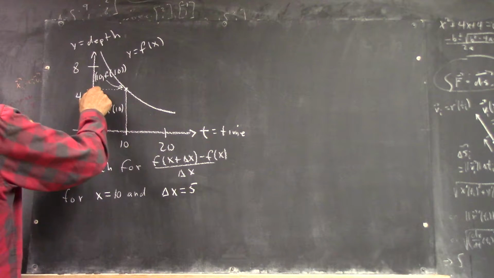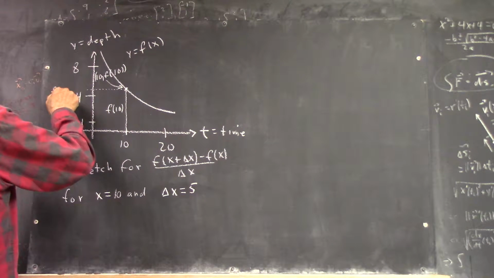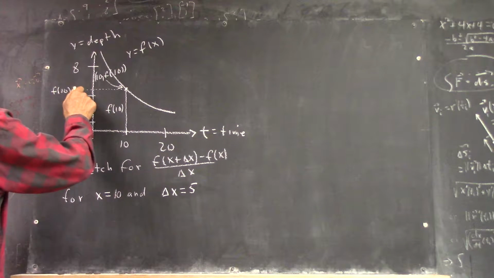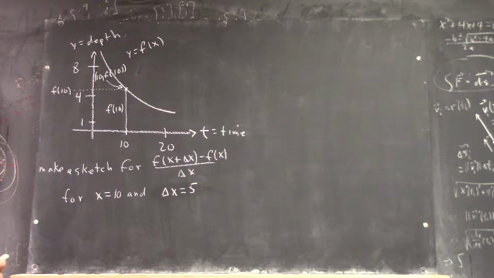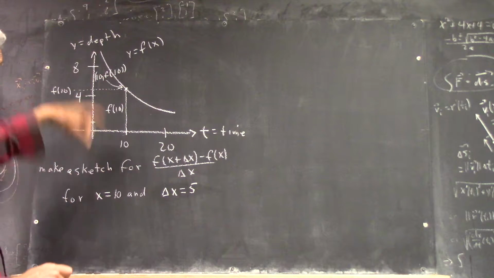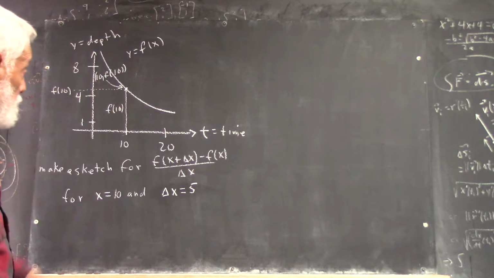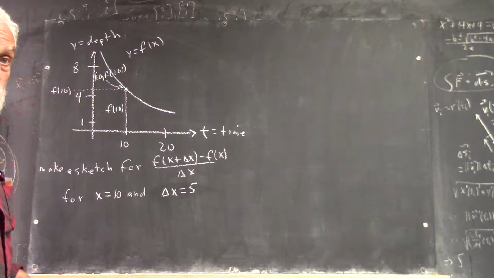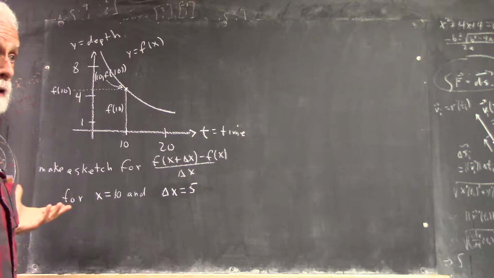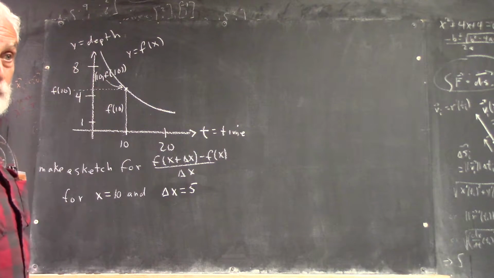The y-coordinate of this point is f of 10. Right? Because the y-coordinate here is the same as the length of this, because this is a rectangle, all these angles are right angles and all that stuff. Okay? So any question or argument about that? Most of you had that one.